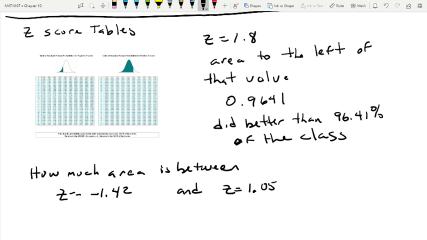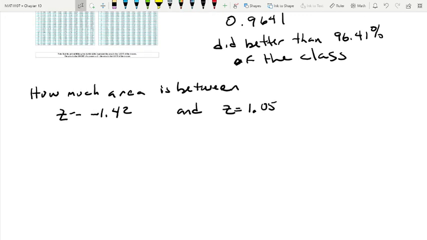A negative z-score means you are to the left of the mean, median, and mode, and a positive z-score means you're to the right of the mean, median, and mode. So if I want to know the area in between, first I find my z of 1.05. I go to my chart, find 1.05, and I get 0.8531.